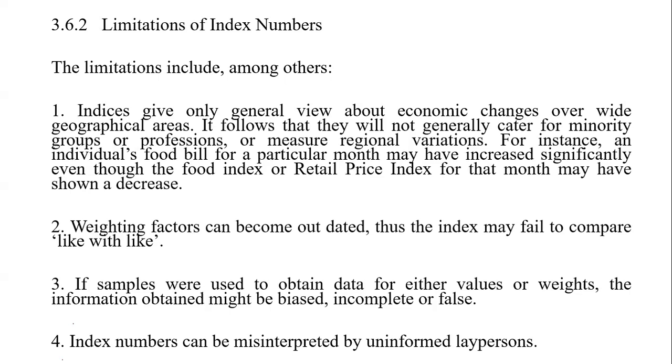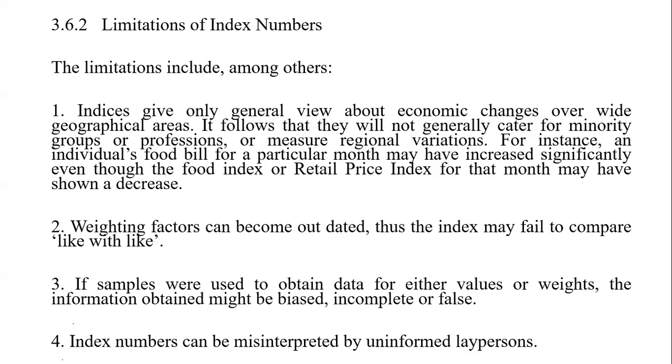So we are saying that these index numbers give a general view. So maybe the majority carries the day. So if they conduct the survey and the majority think that their economic price or maybe their food prices have reduced significantly for them, then maybe you are in the minority, you alone in your house, it's rather increased.